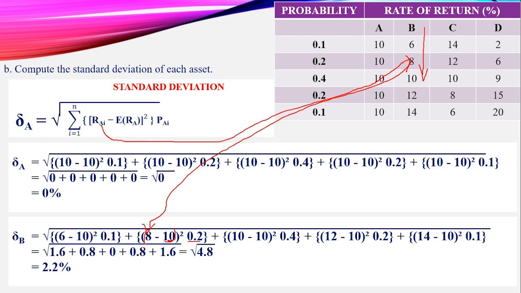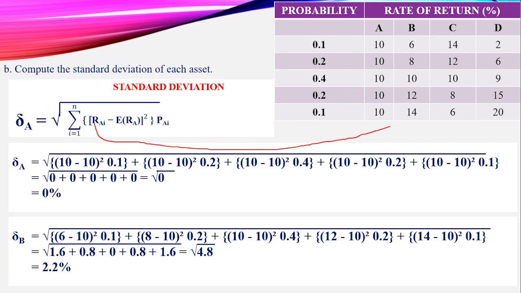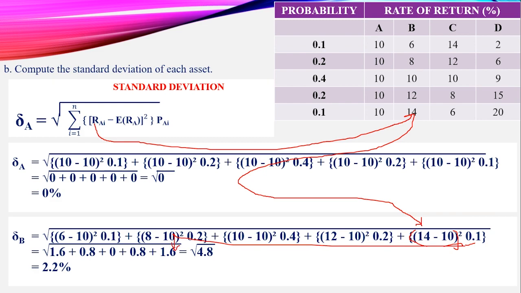I multiply that by 0.2, it will give us 0.8. Seeing that? If I take the last one for asset B, the last one is 14 here, right? RAI is 14. So I take 14, I less the expected return, then I square everything. 14 less 10 is 4, squared is 16, multiplied by 0.1, it will give you 1.6.